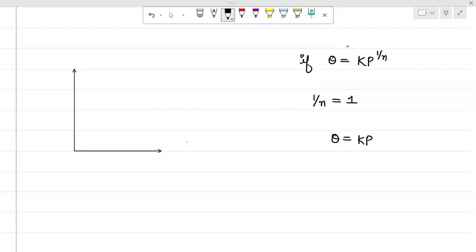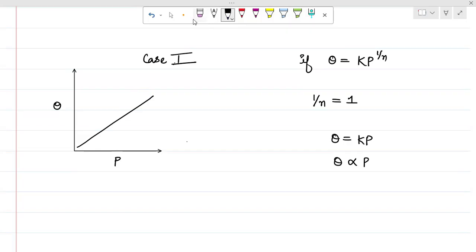Now we know under an adsorption isotherm, we plot the extent of adsorption versus pressure at constant temperature. And here theta is directly proportional to P. It is showing a linear relationship and hence it will be a straight line. That's it. This is how the plot will look if the value of the power is equal to 1. So this is case 1. Clear?